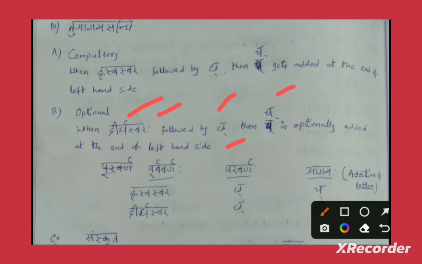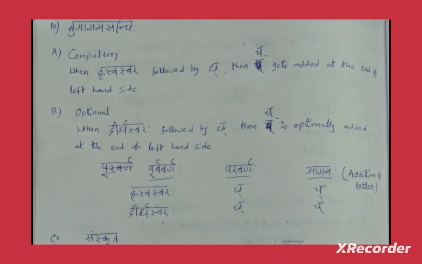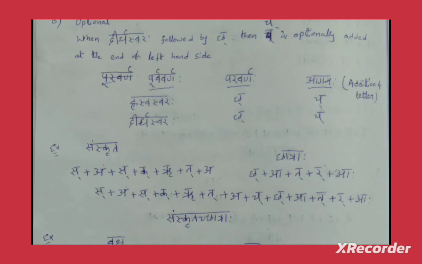The only thing is, the first is a mandatory case, where Chakara will get added at the left hand side. In the second case, it is optional. This Sandhi may happen or may not happen, it's fine. So let's understand this with examples, with the definition in a table format.